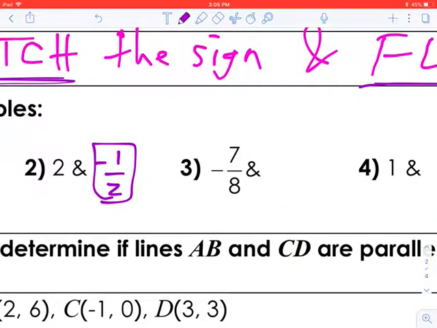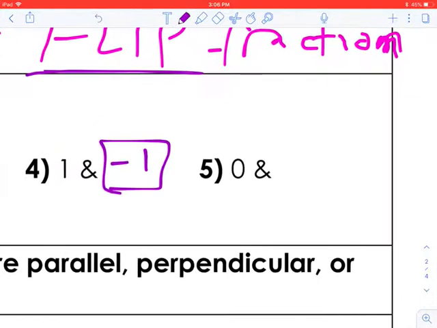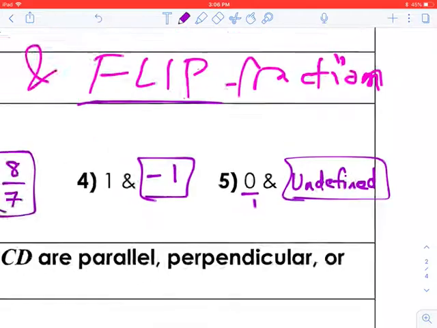This one starts as negative, so it's a positive 8 over 7. Switch and flip. So 1 over 1 switches to 1 over 1. So that one only switches signs. Now this one's a little different because 0 can be on top, but not on the bottom. So when you switch and flip 0, it just becomes undefined.